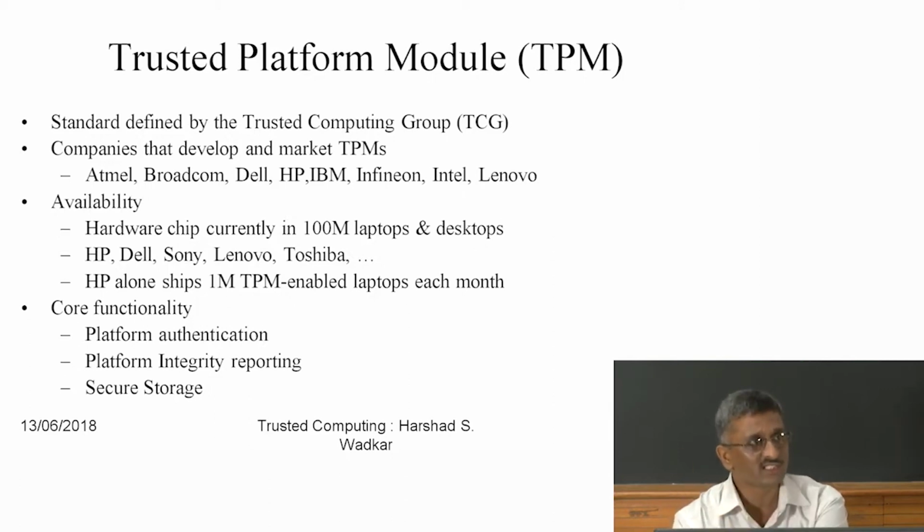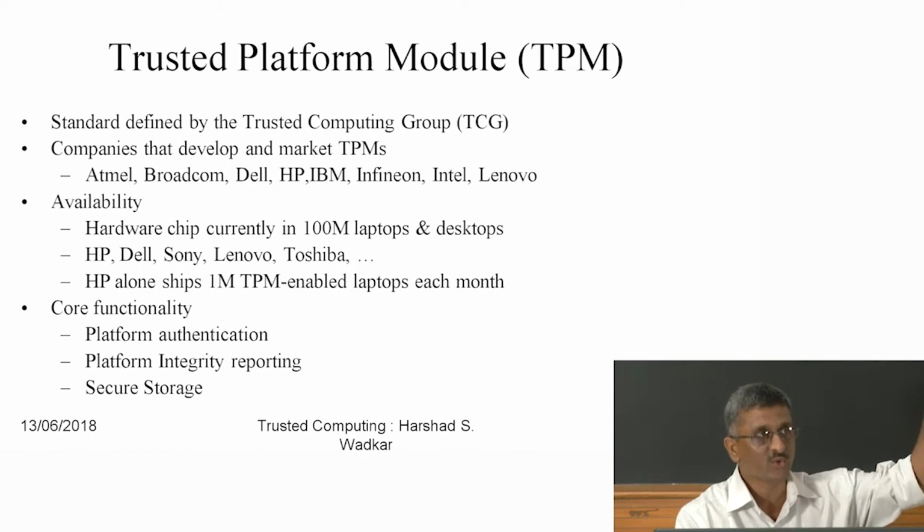Where will I store the hashes? I require not software but some hardware device, and that is a TPM chip, a Trusted Platform Module chip. There are different companies which provide these TPM chips: Atmel, Broadcom, Dell, HP, IBM, Infineon.